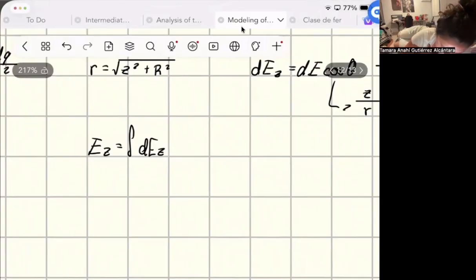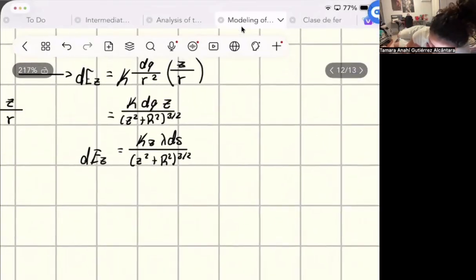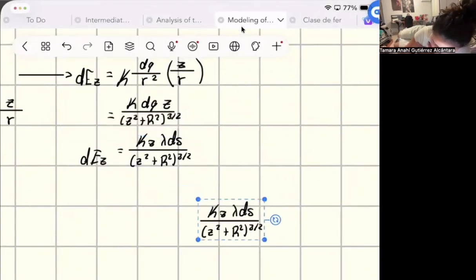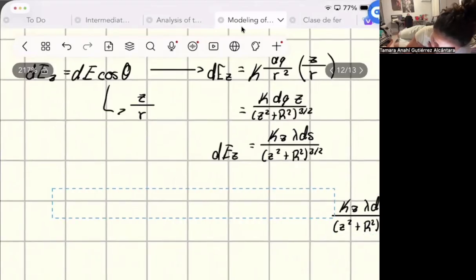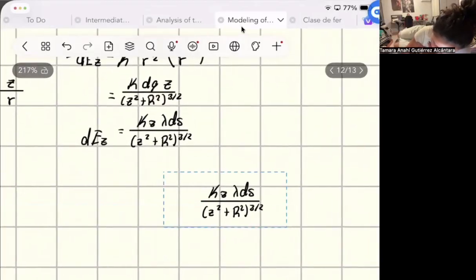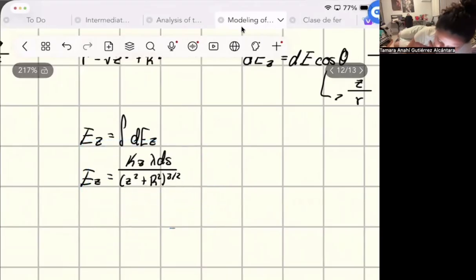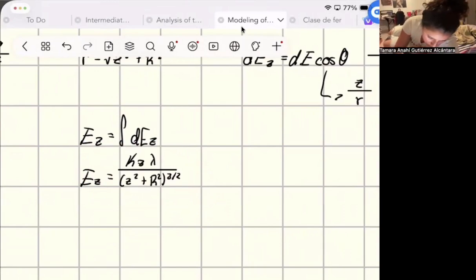Okay, so Ez equals all this. But we are going to leave ds because that's what is going to be integrated.